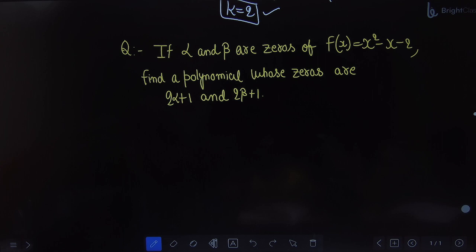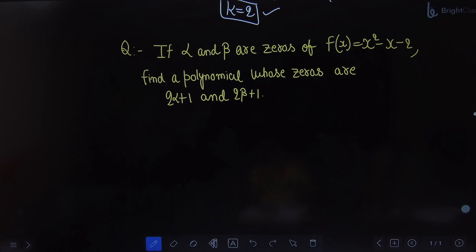Now, what are your roots? 2 alpha plus 1 and 2 beta plus 1. Add them. In that, you will get alpha plus beta, which you already have. You got alpha plus beta, alpha beta. Why are you factorizing?